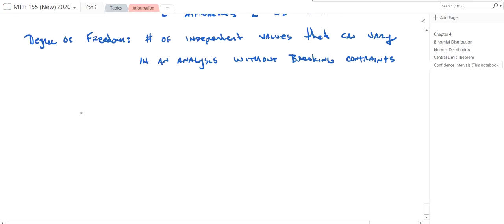Suppose I have a random sample and I have 10 values in this random sample.